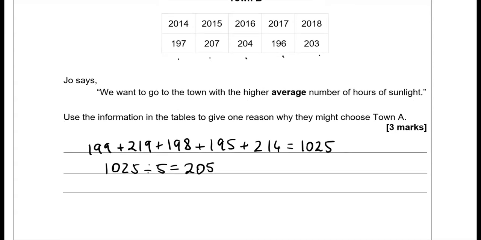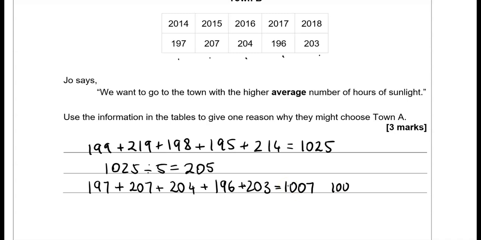For town B now, 197 add 207 add 204 add 196 add 203, 1007. So 1007 divided by 5 gives us 201.4. So one reason why they might choose town A is that town A has a higher mean.